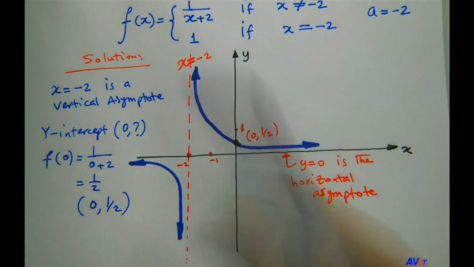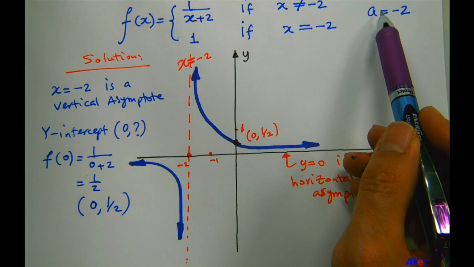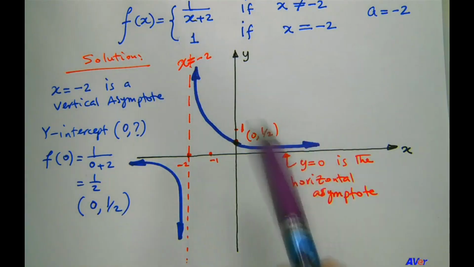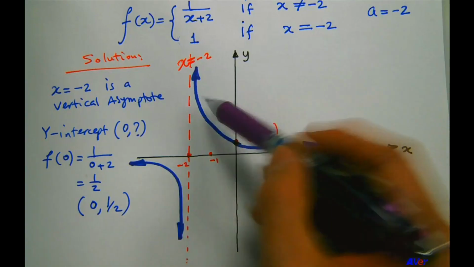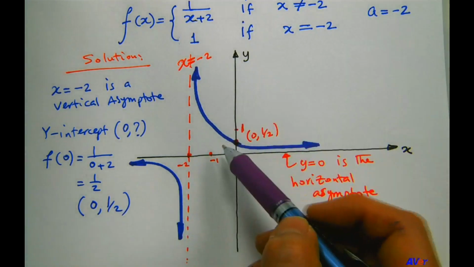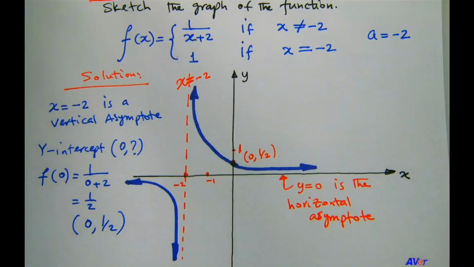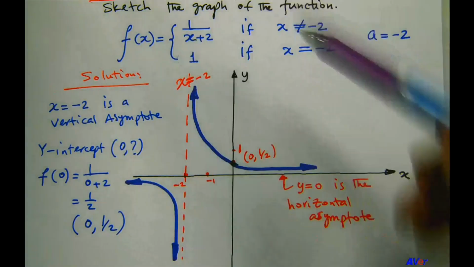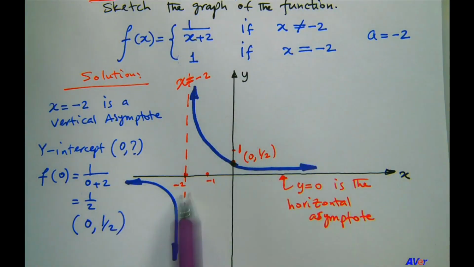So looking at this graph then, at a equals -2, a being the x value equal to -2, we can clearly see why we have discontinuity, right? Because if you take the limit of this function as x approaches -2 from the left, what is the limit?